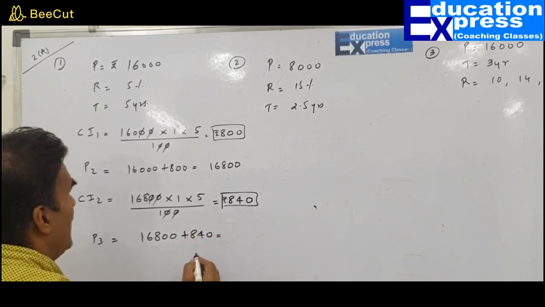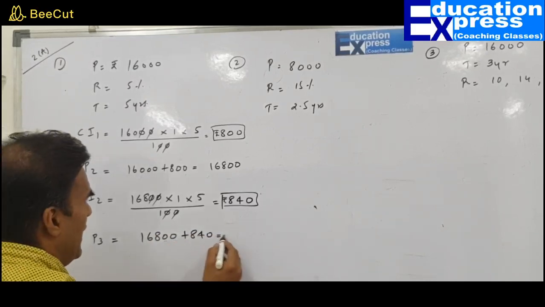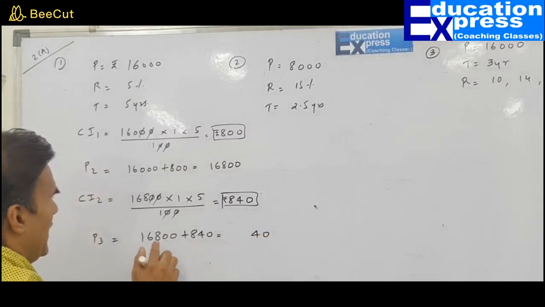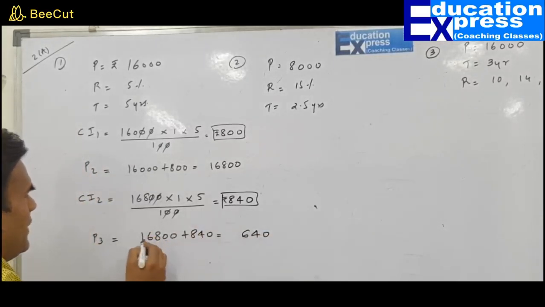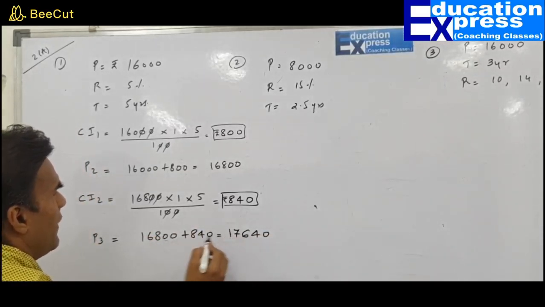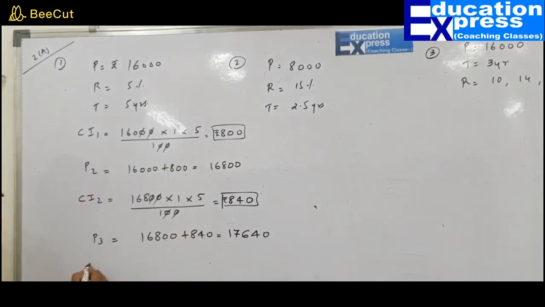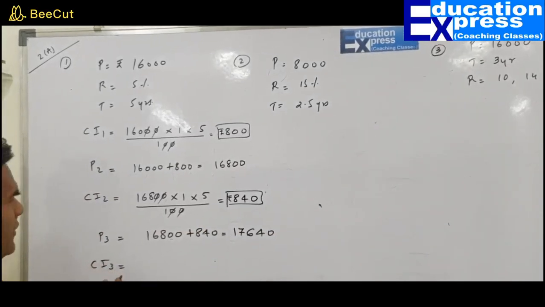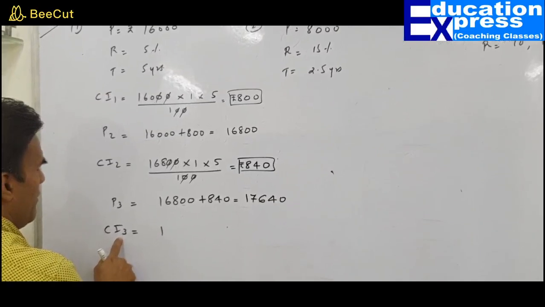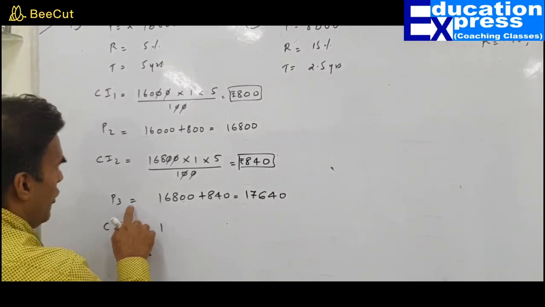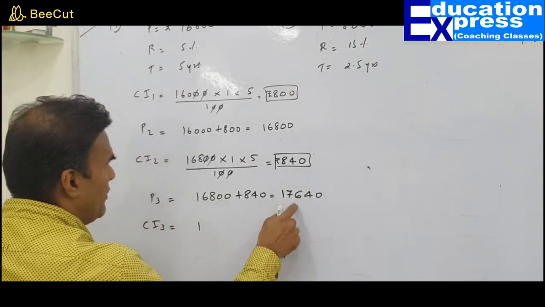So how much will that end up to? 17,640. Now if you want to find out compound interest for third year, same way, your compound interest for third year would be on the P3. That is, this is your P3.